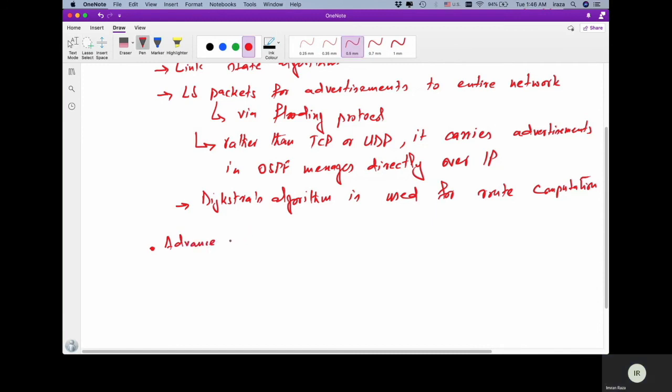Advanced features that are not there in RIP. Advanced features such as security, where all OSPF messages are authenticated.